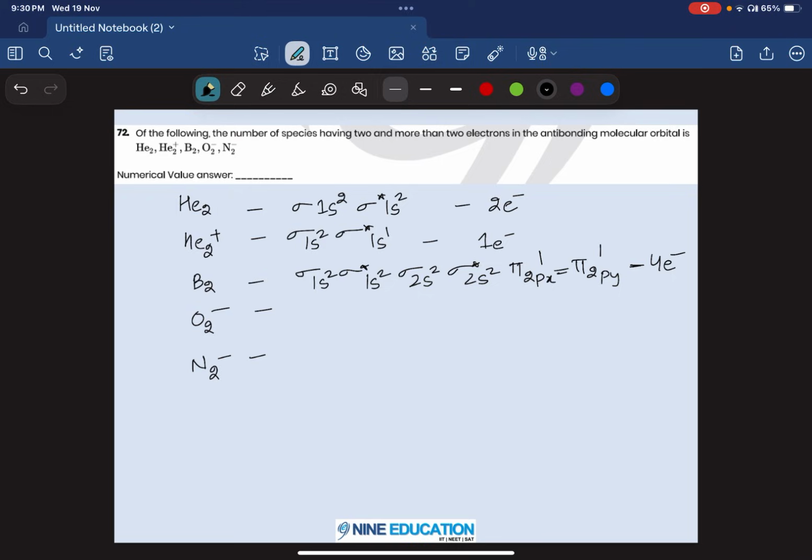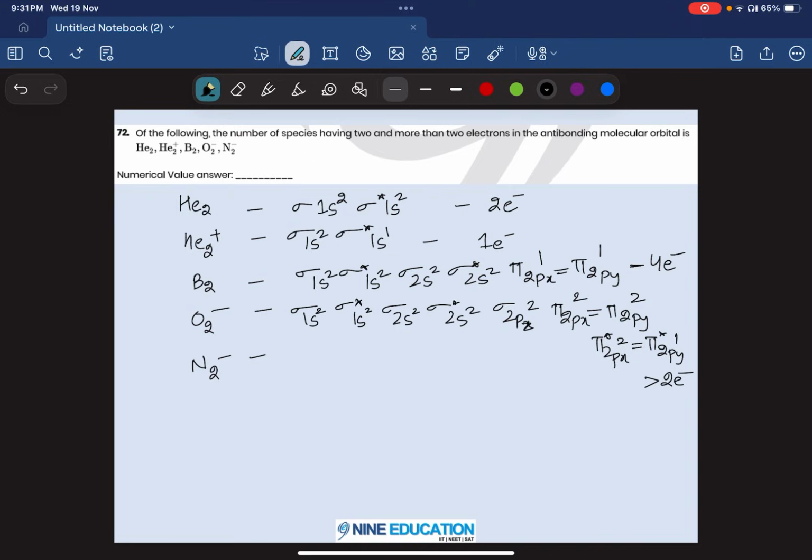Then look at O2 minus and N2 minus. If you write down the configuration of O2 minus, sigma 1s2, sigma star 1s2, sigma 2s2, sigma star 2s2, sigma 2pz2, pi 2px2 equal to pi 2py2, then pi star 2px2 equal to pi star 2py1, it has more than 2 electrons in anti-bonding molecular orbitals.